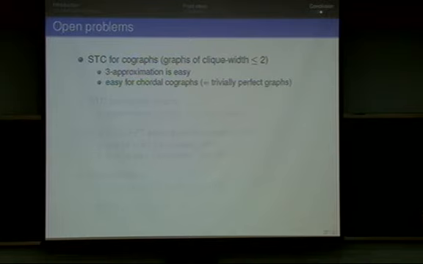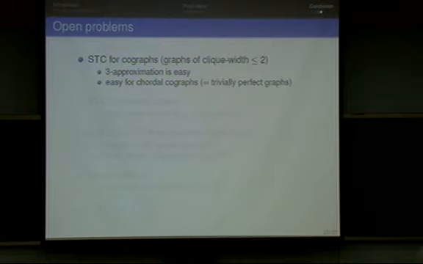So how about for cographs? What do you think? We found that a 3-approximation for cographs is very easy. If a cograph is also chordal, then you can trivially find the optimal solution in linear time. But we don't know the exact complexity of this problem.